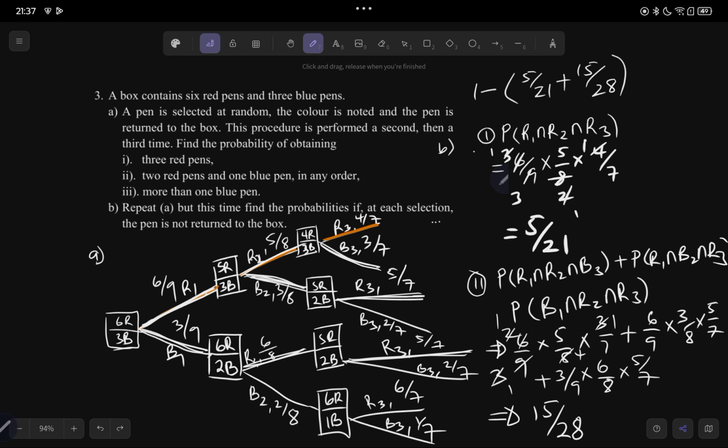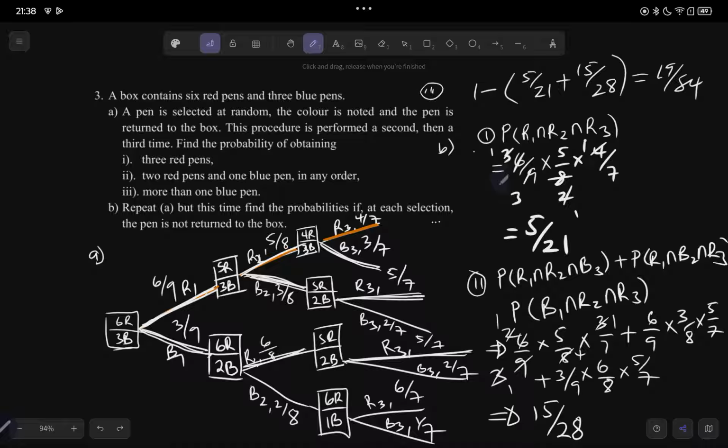No, I put a wrong thing. 5 out of 21, sorry. I put 5 out of 28 instead of 5 out of 21. Answer is 19 over 84. That is for Roman numeral 3.